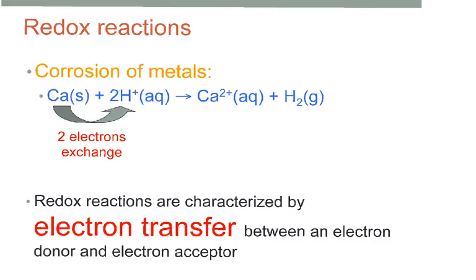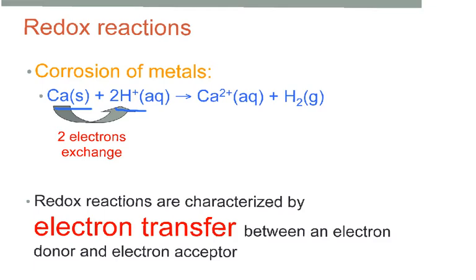So with some protons, and as a result, it becomes a calcium ion and hydrogen gas. So in this reaction, calcium is acting as an electron donor because calcium is giving 2 electrons essentially to H+.